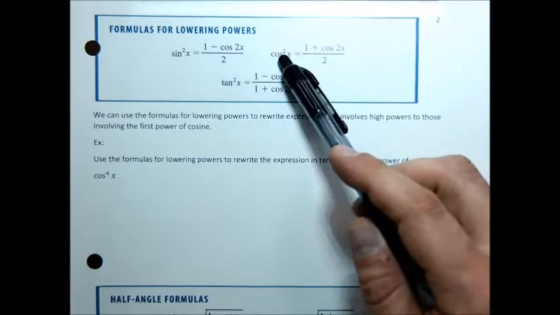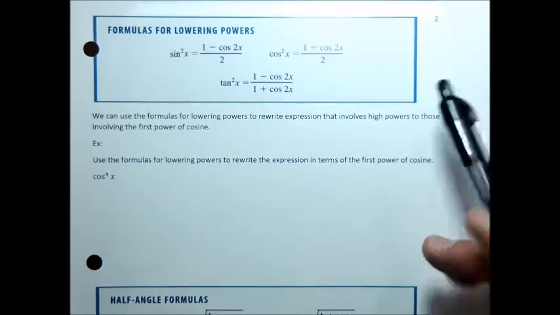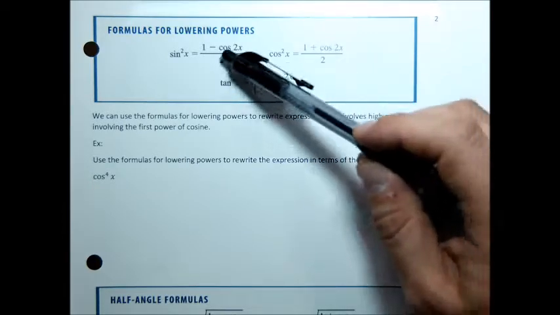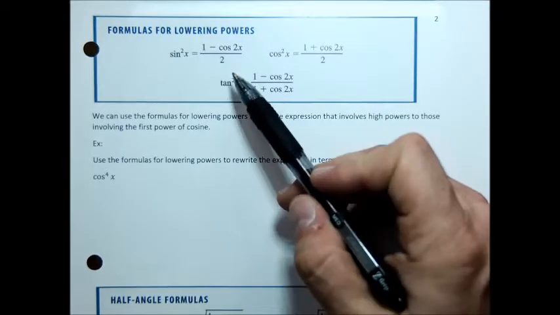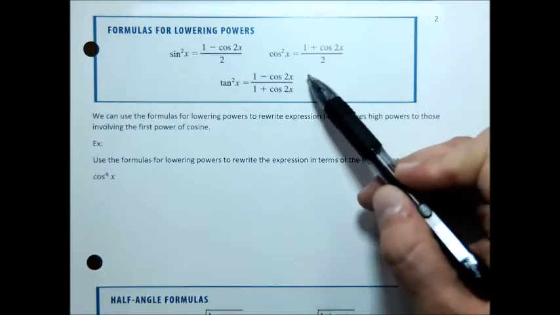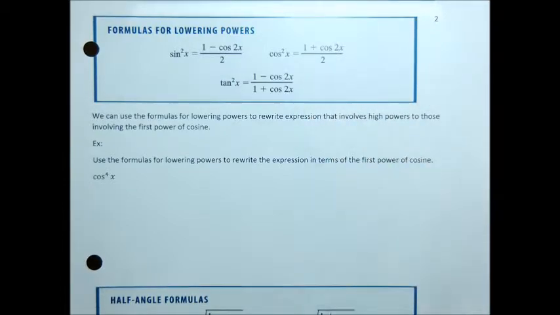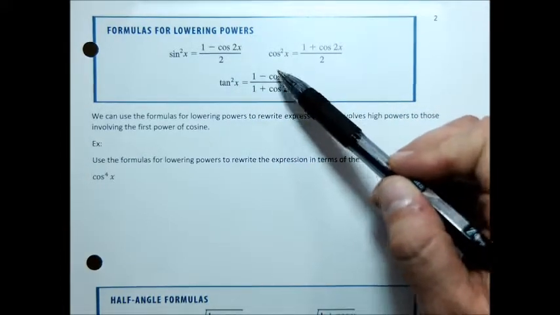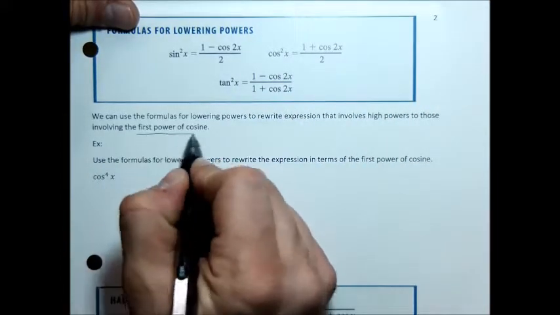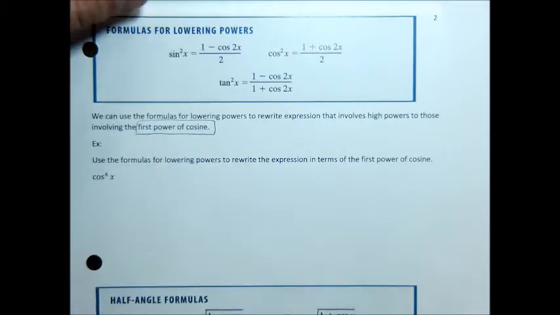Sine squared, cosine squared, tangent squared. And on the right-hand side of all the equations, the thing is not squared, right? It's a single power. And so we can use these formulas to take something that has a power bigger than 1 and make it into a power of 1, which may or may not be useful sometimes. Also notice that all the right-hand sides of this thing all have cosine. And so in all cases, we relate these things to the first power of cosine, just interestingly enough.